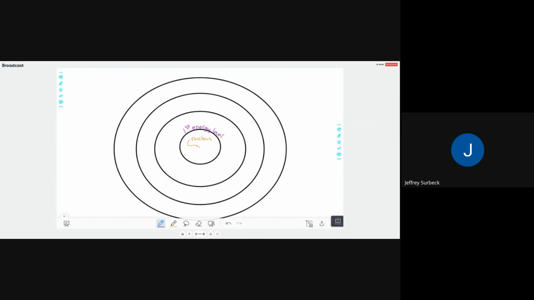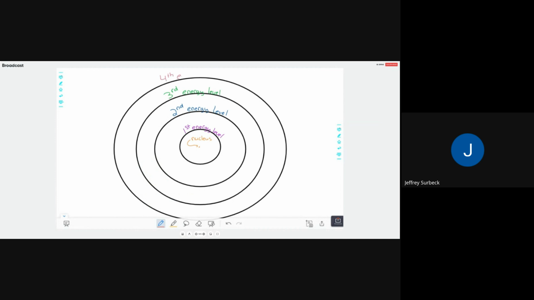The second ring there is the second energy level. The third ring is the third energy level. And then that fourth ring here is our fourth energy level.